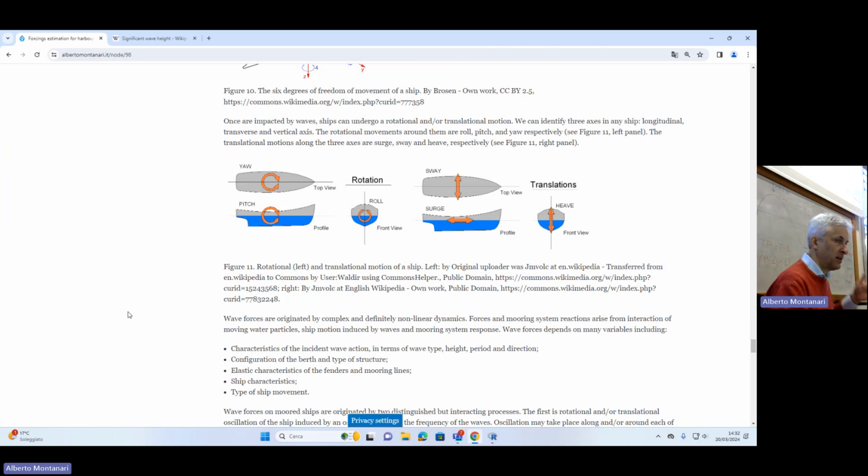While a movement like pitch is moving a larger part of the ship. It's something that is slower. So you have to think about what could be the characteristic period of an oscillation of the ship. And you have to be concerned if the period of the wave is getting closer to the characteristic period of the ship.